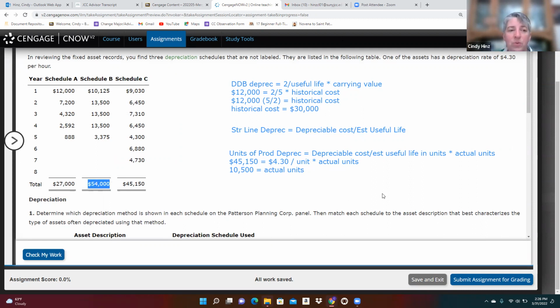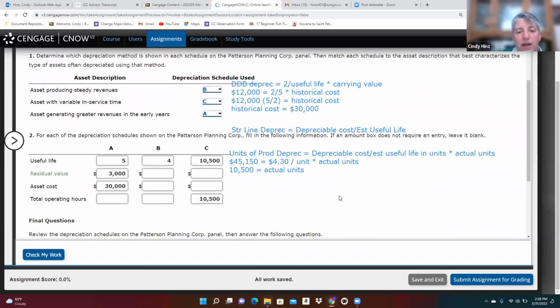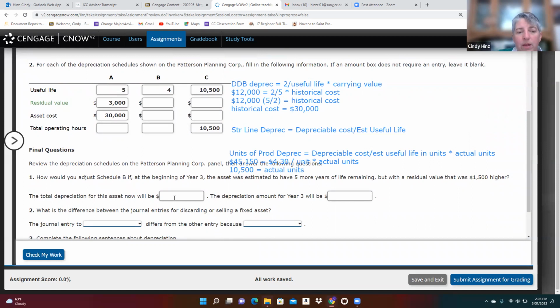So as we look at Schedule B, the original depreciation was, as you can see where I highlighted, $54,000. But if we increase the residual value by $1,500, the depreciable cost will go down to $52,500. So the total depreciation, to answer the first box here, the total depreciation on this asset will now be $52,500.